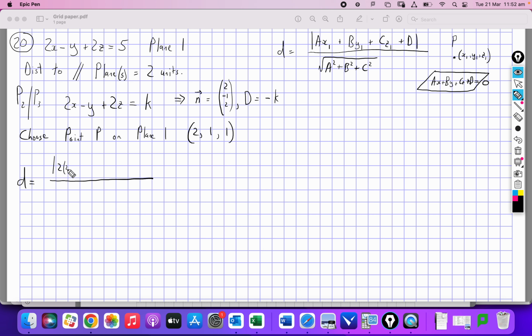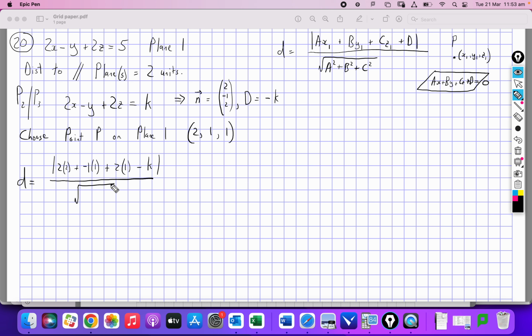So I've got 2 times 2 plus, I've got negative 1, that's the b value. The y1 here is 1, that's easy, so this will just all be minus 1, then plus the c value is a 2, the z1 value is a 1, and the d that I'm using, I've decided to use the letter k.